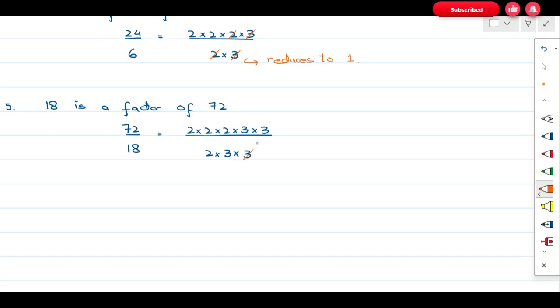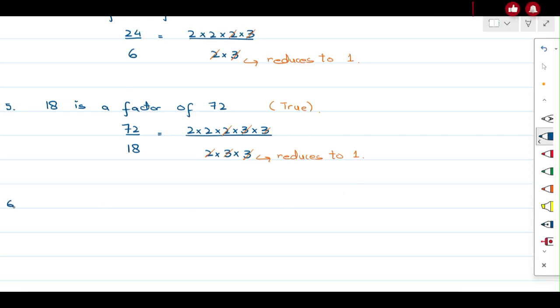Now let me cancel 3 with 3, this 3 with this 3, 2 with this 2. Now you can see the denominator reduces to 1. So when the denominator reduces to 1, we can say this statement is true, that 18 is a factor of 72.